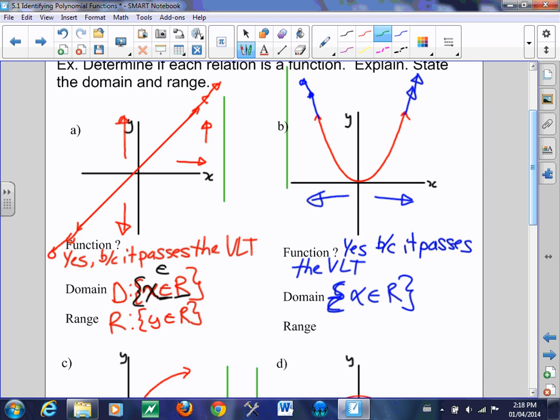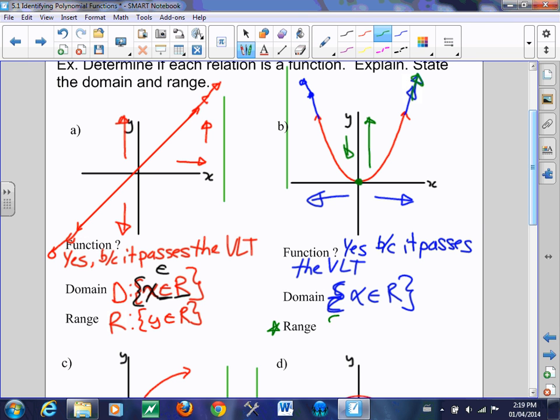Keeping an eye here on the range, things are a little bit different. As I go up, there's no limit. But there's a problem when I try to go down, ladies and gentlemen. I'm stuck. And that's where you're at the minimum in this case, because the parabola opens up. So we have a minimum value. So that's a restriction.